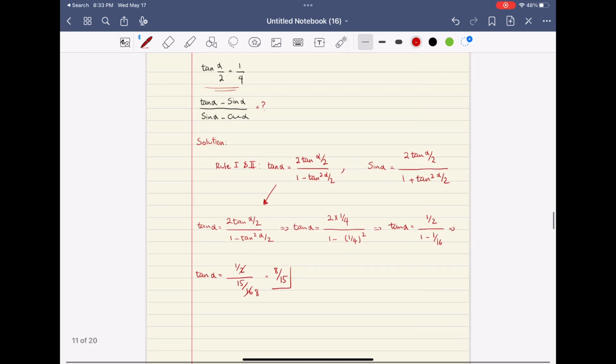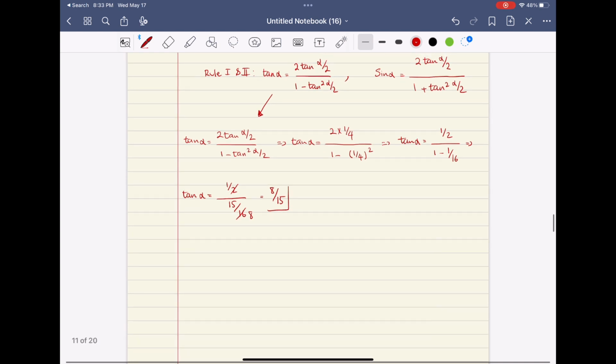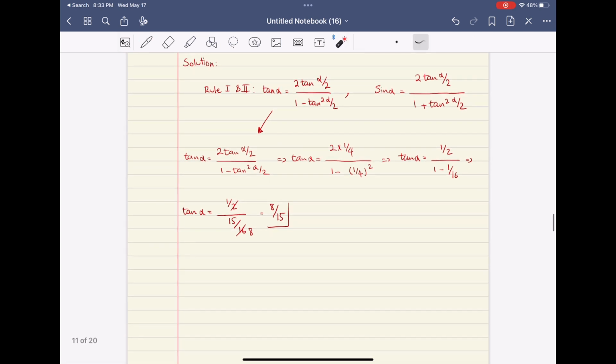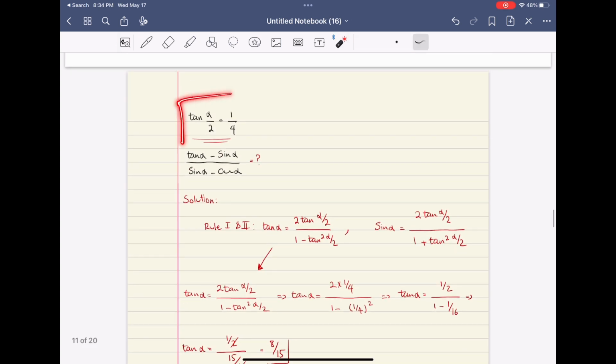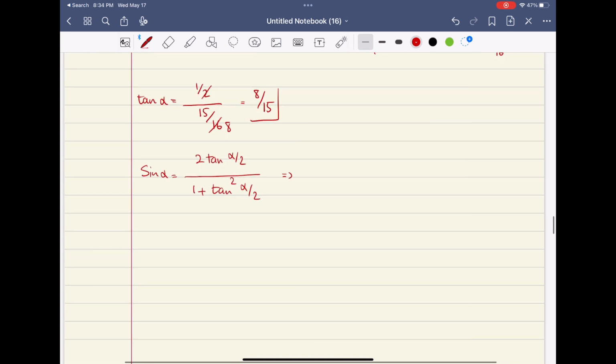So this was tan α, but we also need sin α and cos α. So let's write down the formula that we have for sin α based on tan(α/2). So sin α would be equal to 2 times tan(α/2) over 1 plus tan²(α/2). We know that tan(α/2) is 1/4, so we're going to replace it.